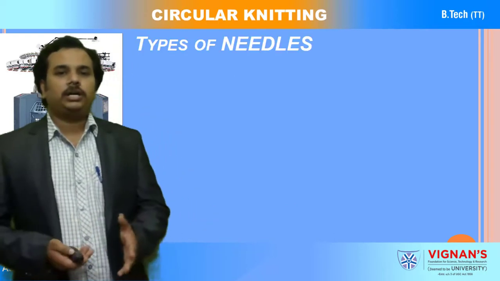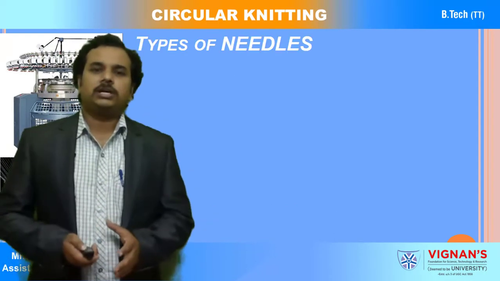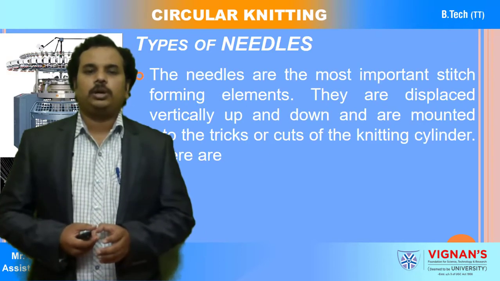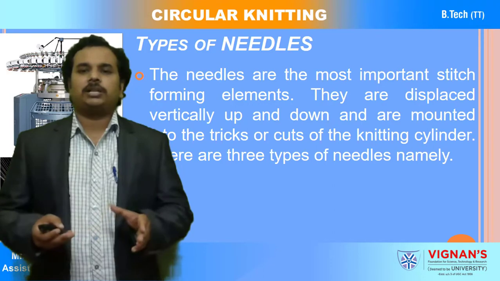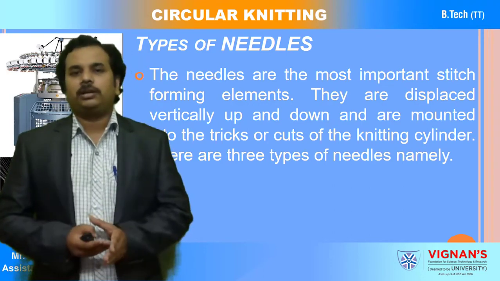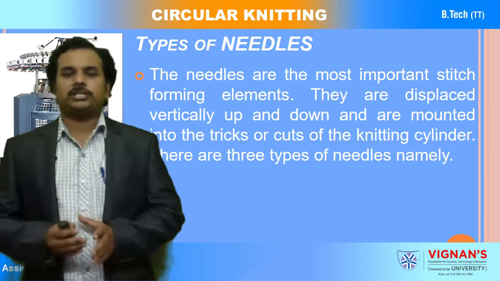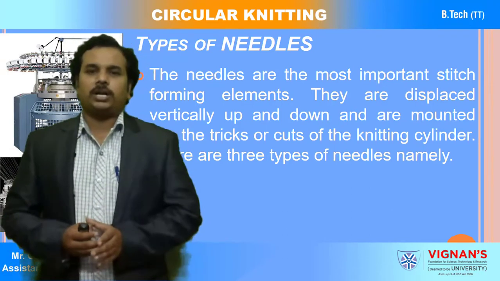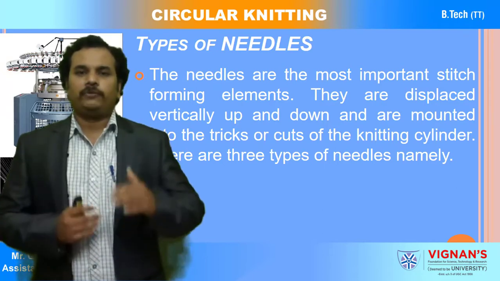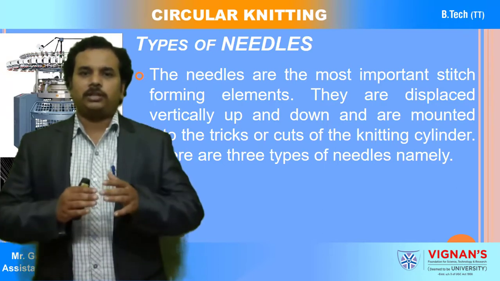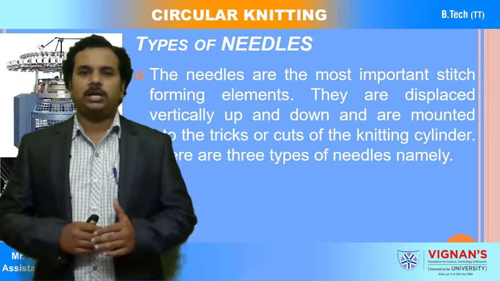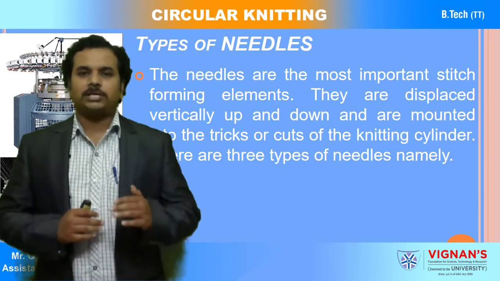So here I have given the different types of needles we use in the knitting machine. You can see here the needle is the most important stitch forming element. Already in the previous sessions I discussed the elements involved in the loop formation sequence: cylinder, needle, cams and sinkers.